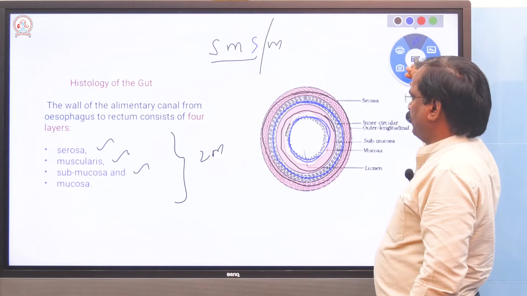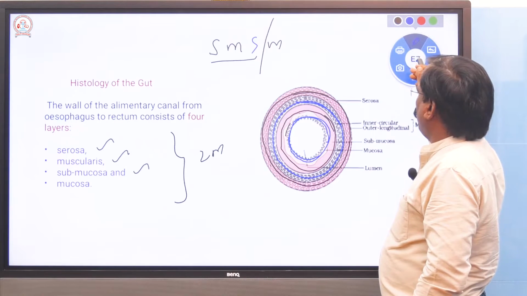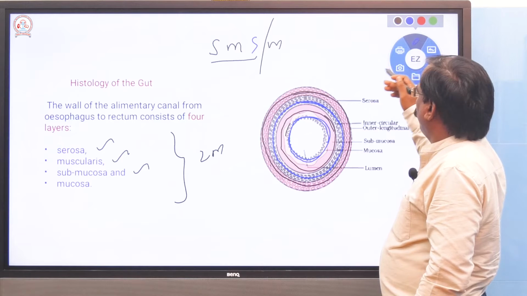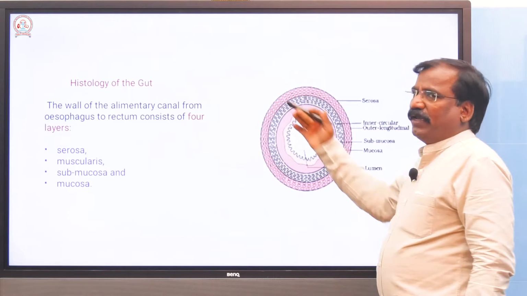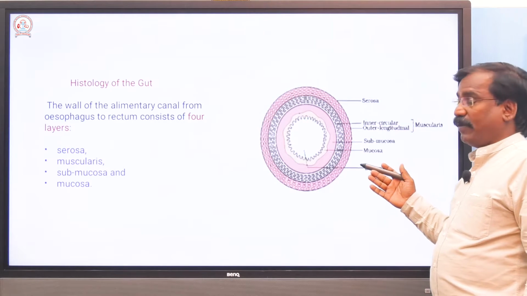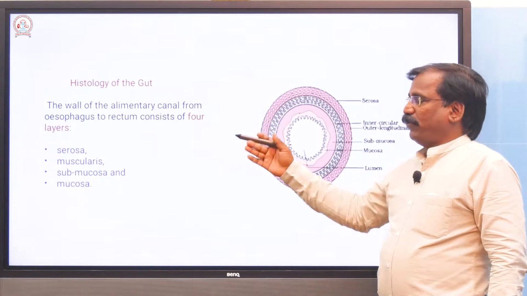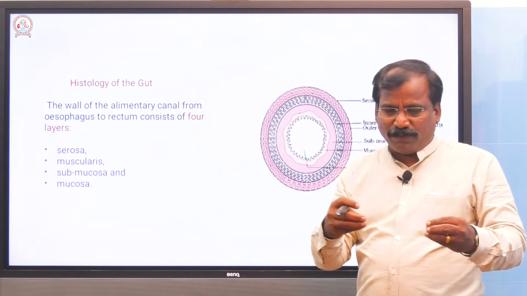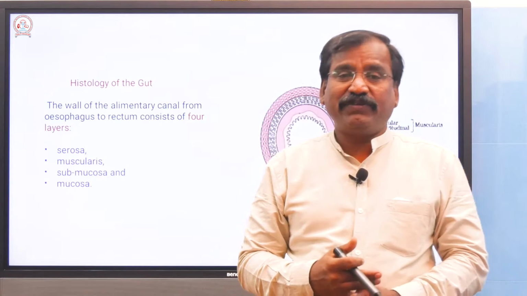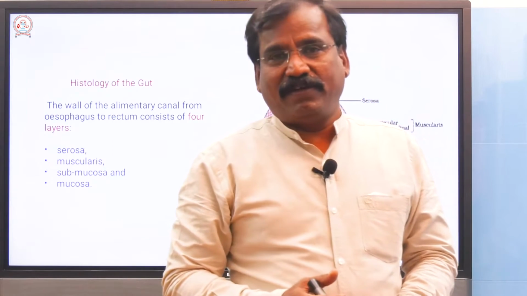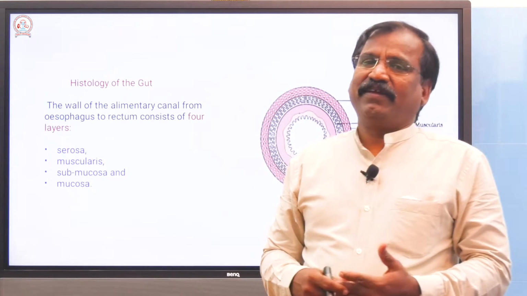In one mark, we are going from outer to inner. The outermost is the serosa. Sometimes in objective questions, the order will be shuffled and you will be asked which is the correct order of the layers of the intestine.